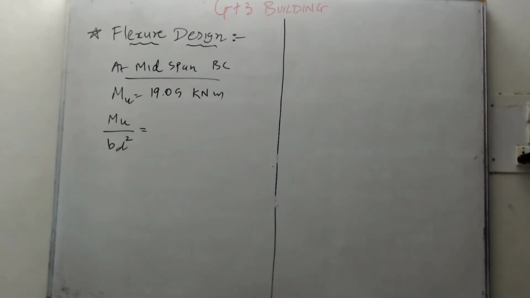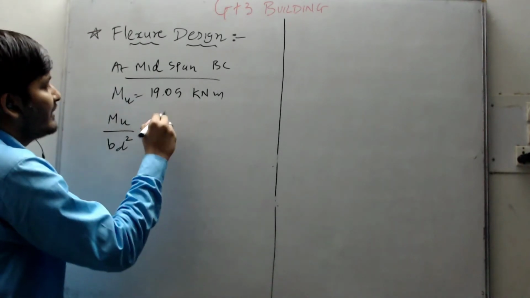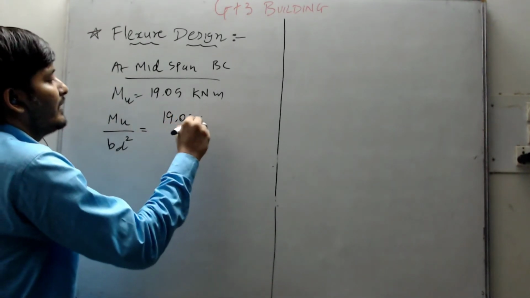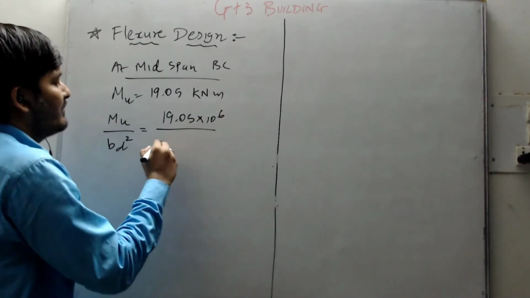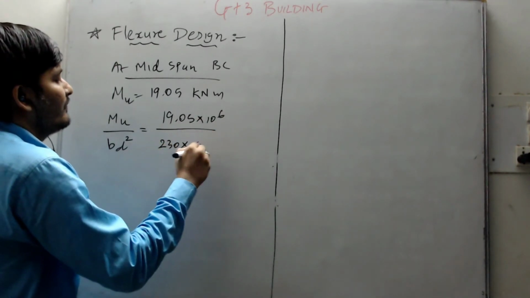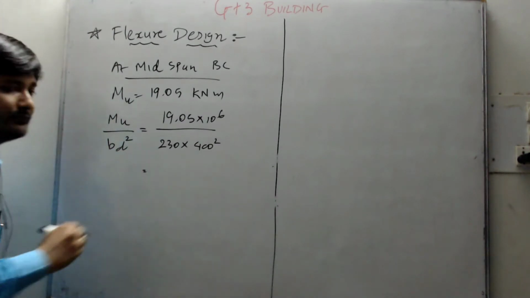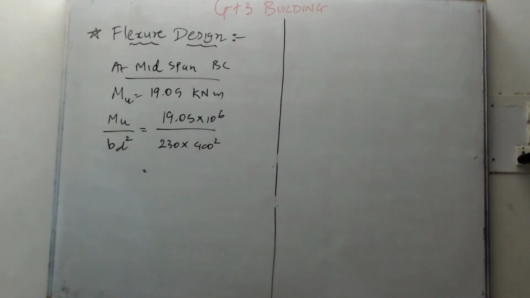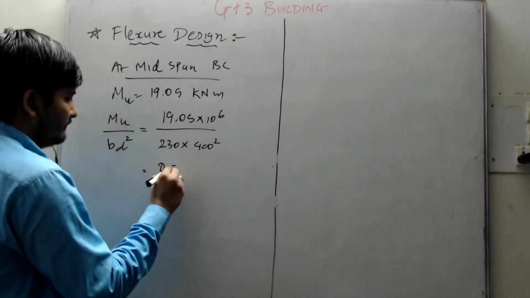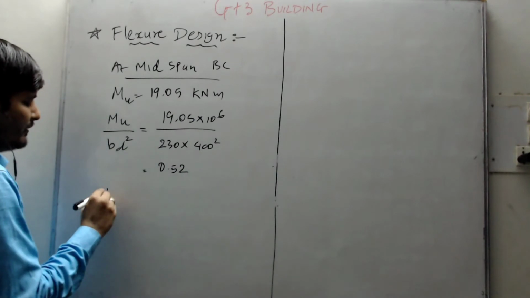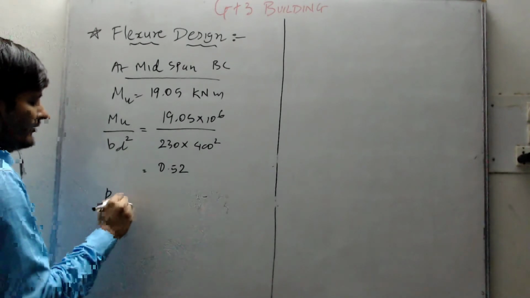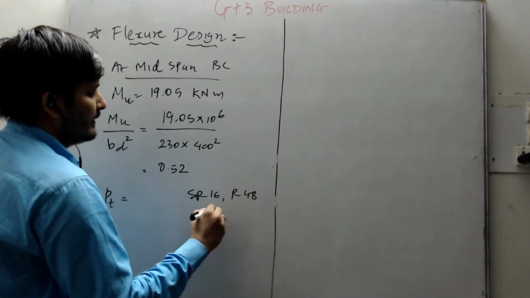Alright. So we are directly going to the next step, that is 19.05 into 10 raised to 6 divided by B is 230, D is 400 square. So if we calculate this ratio, it comes out to be 0.52, and we need to calculate the Pt from SP16, page number 48, table number 2.